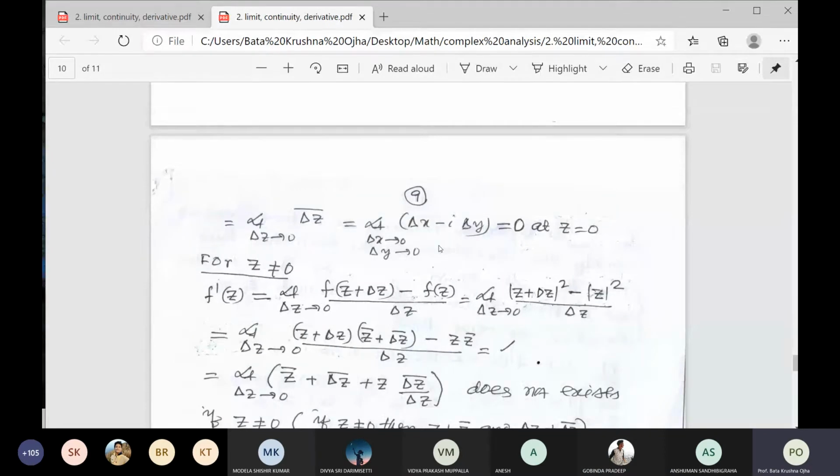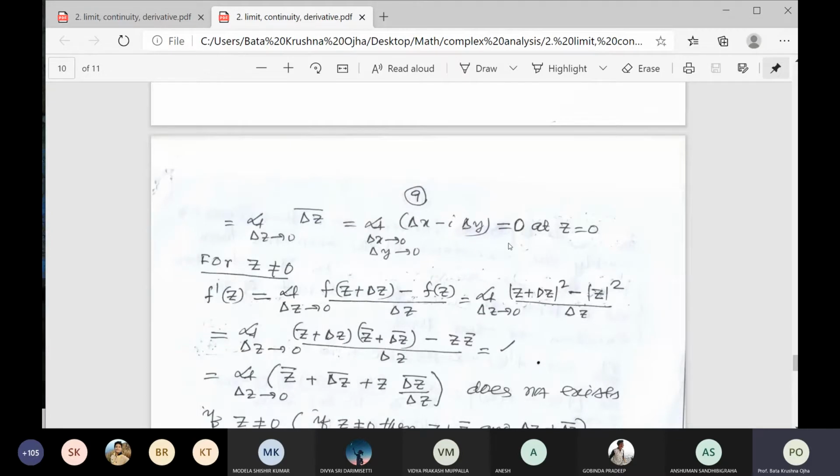Otherwise, I continue. So del x minus i del y is equal to 0. How is it 0? Either del x tends to 0 and del y tends to 0, the result is 0. Or if you take del y equal to del x, that is also 0.